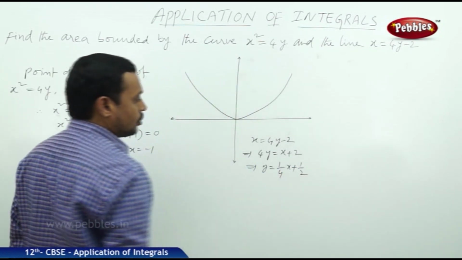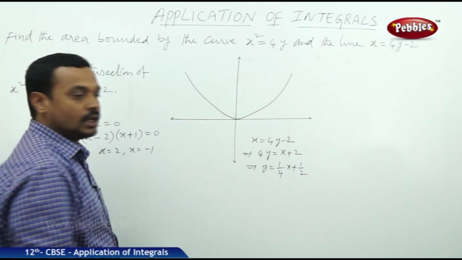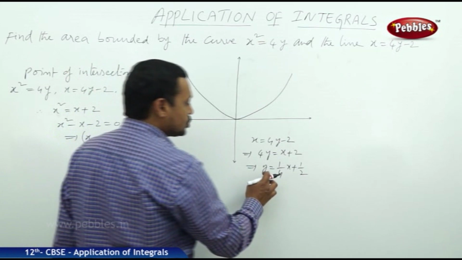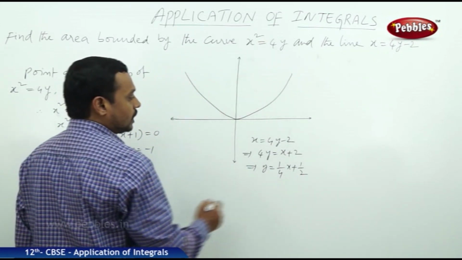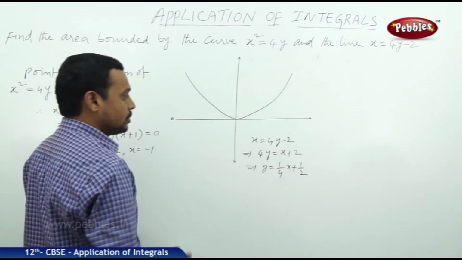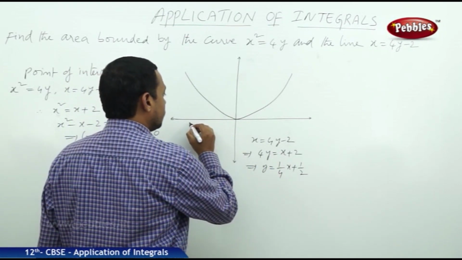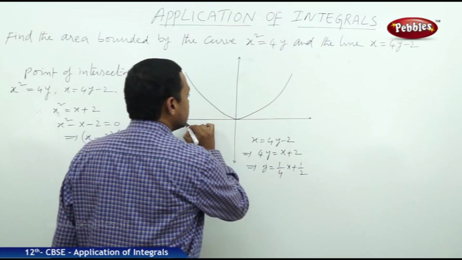You know, it is y is equal to mx plus c form. It is a straight line whose y-intercept is 1 by 2 and the slope is 1 by 2, which is positive. So by this observation, the line may be like this.